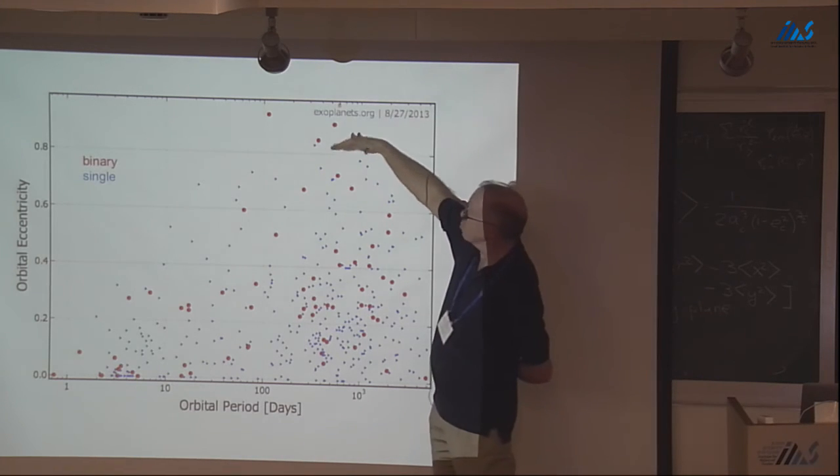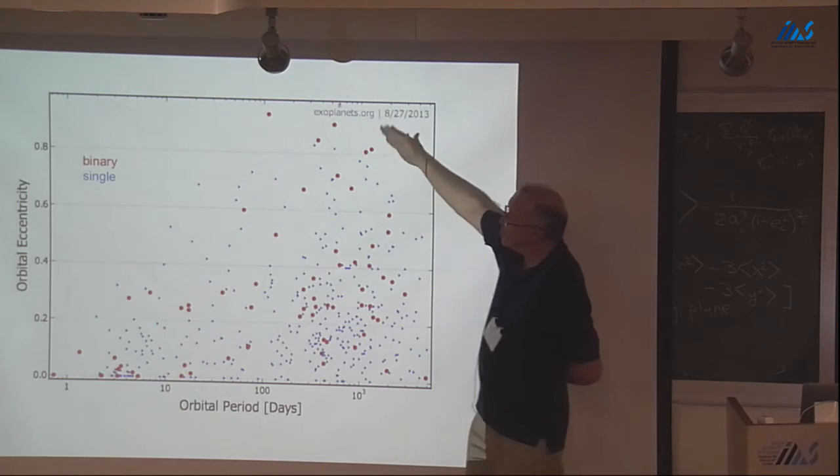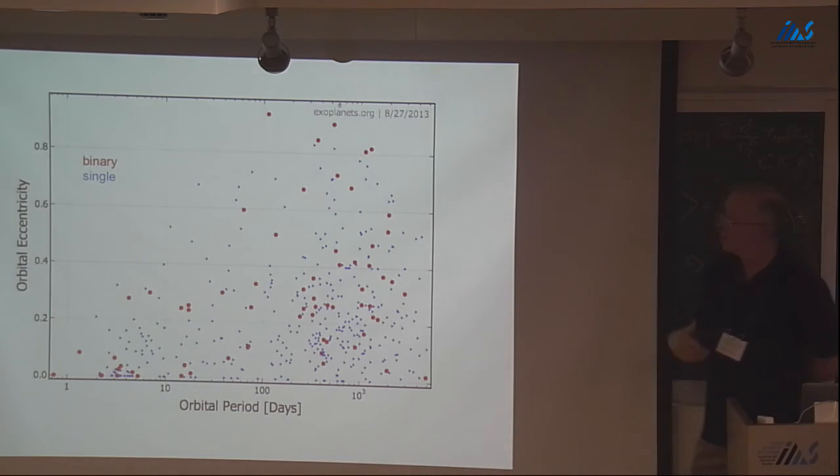The binary systems are grossly overrepresented up here. So there's suggestive evidence that when you go up to the very highest eccentricity systems, you are seeing Kozai-Lidov oscillations.